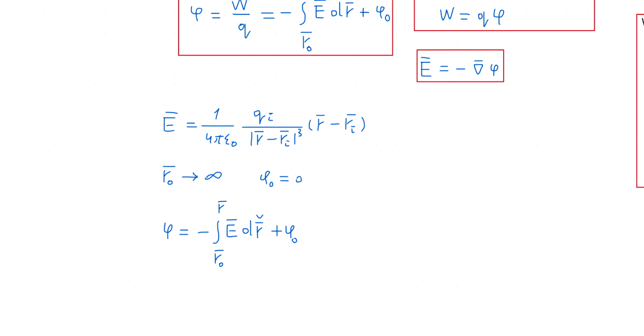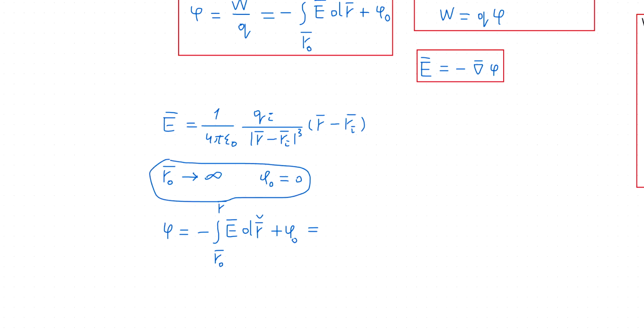In this way, we will have the simplest formula for the electrostatic potential of a point charge, and it is the most common choice.